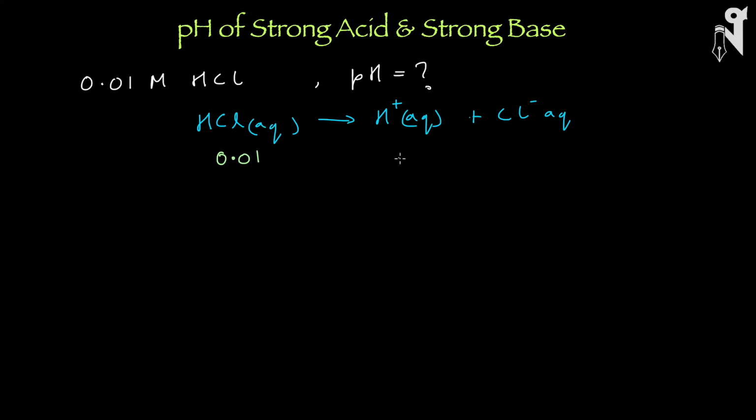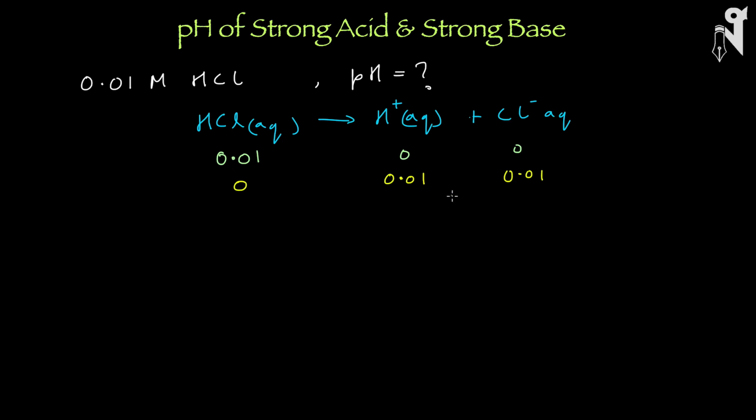All of it will dissociate, and what will happen is you'll have 0 HCl and all of them will get converted to H plus and Cl minus. So this is at the stable condition. This is what is happening when things have stabilized, or in this particular case of a strong acid, you have actually this in the solution, which is called 0.01 molar HCl.